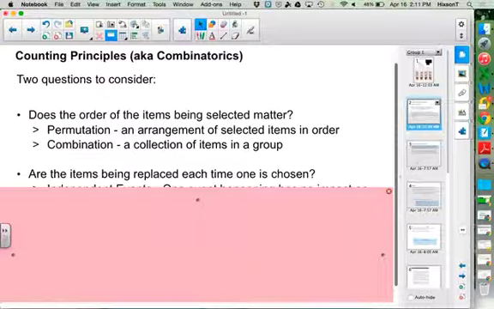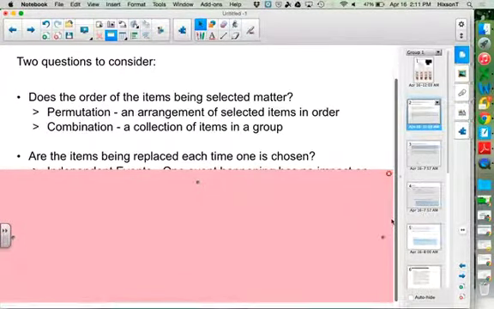Okay? And we could keep picking here for a long time and not get it. So you have to consider your situation. Are they being replaced each time we're choosing one? Okay? In other words, can it repeat?